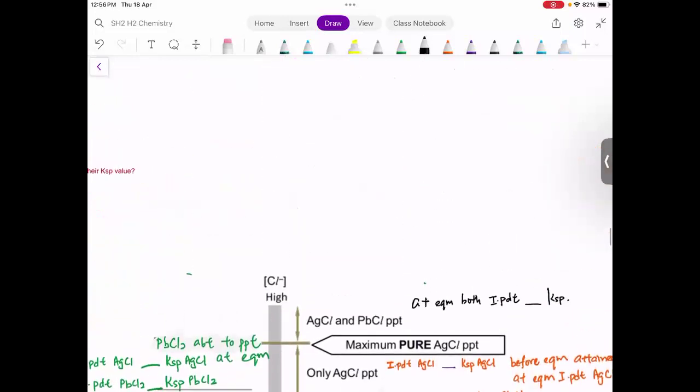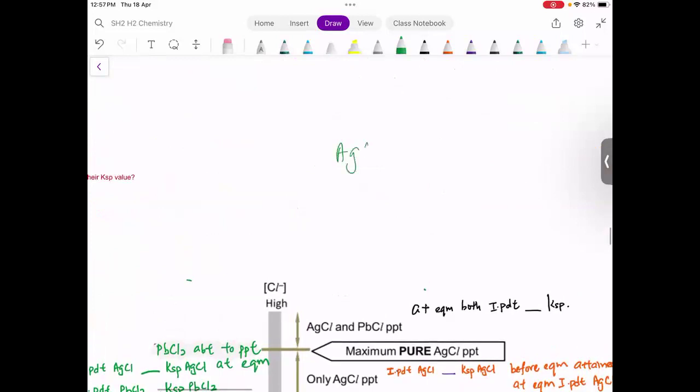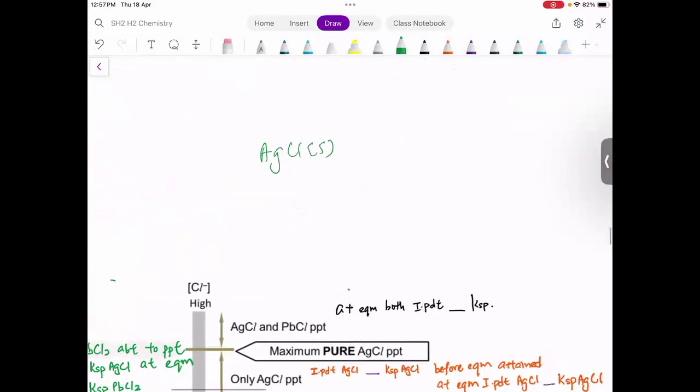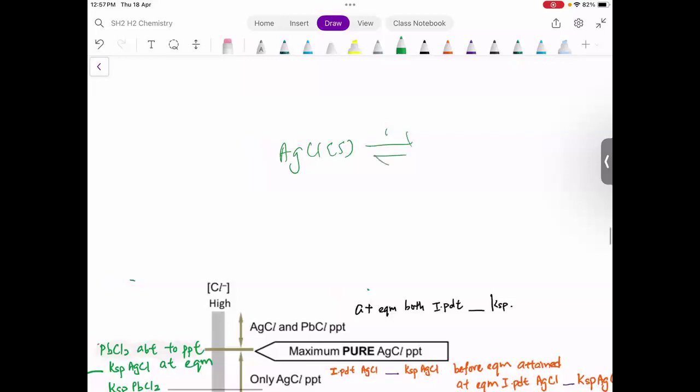Initially, you have silver plus and chloride minus, right? Let's say at this moment my ionic product exceeds Ksp. This means precipitation will take place.